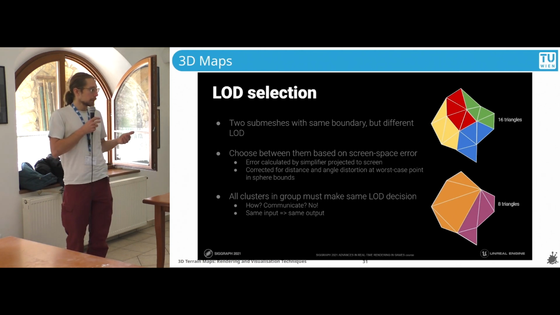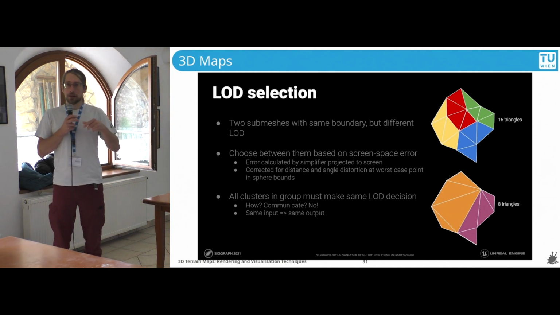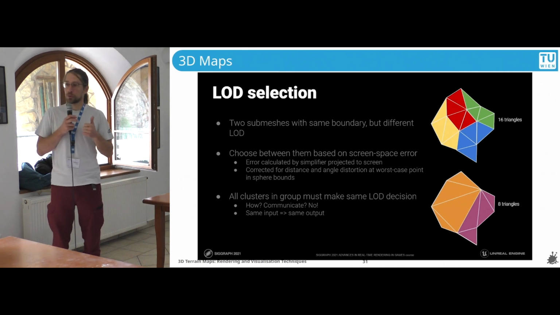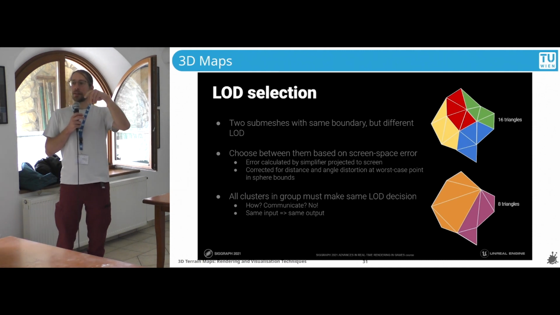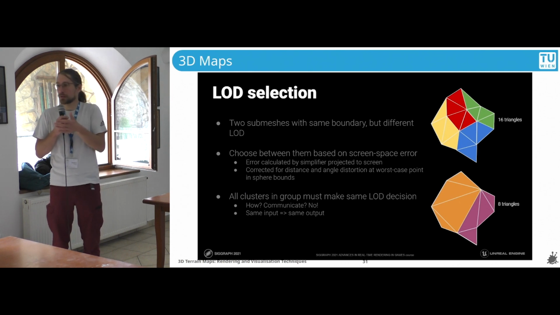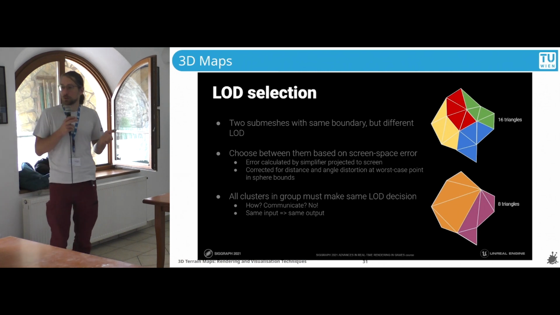So what they realized is that these decisions are completely deterministic. So you can do them in parallel for the lower and the higher zoom level. And if you do the same decision always, then you're good. And you don't need any synchronization between the GPU threads.